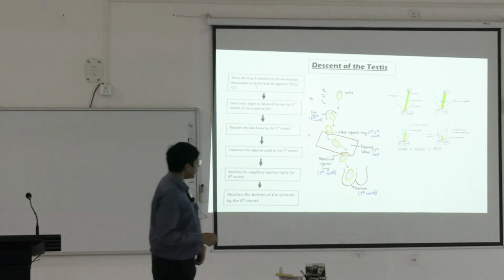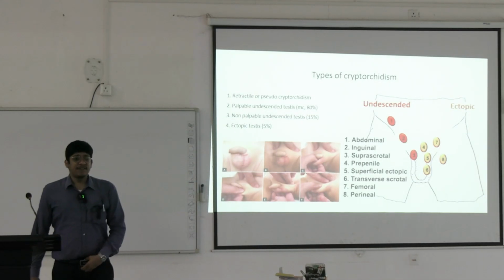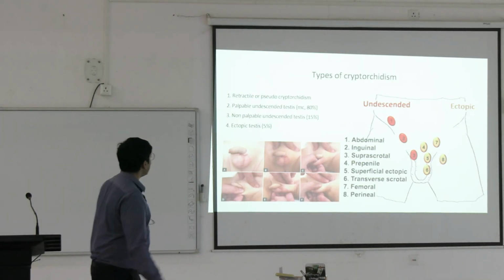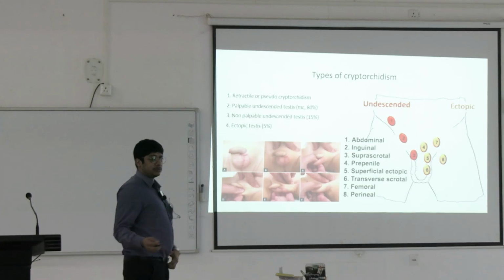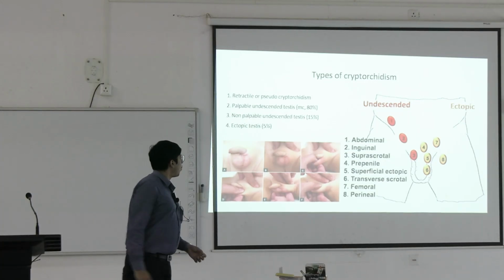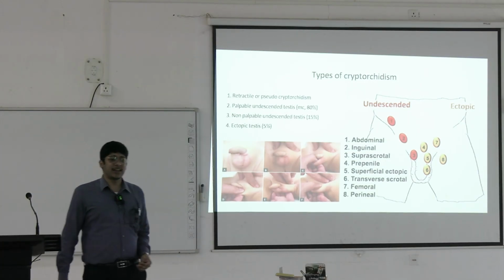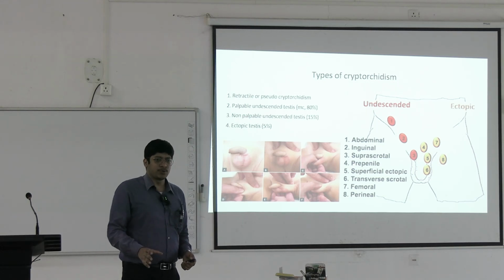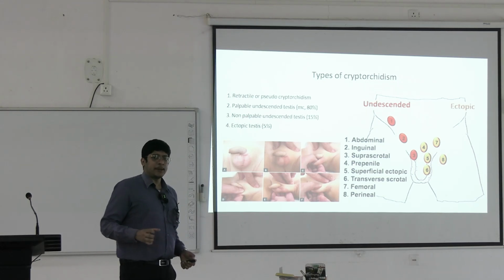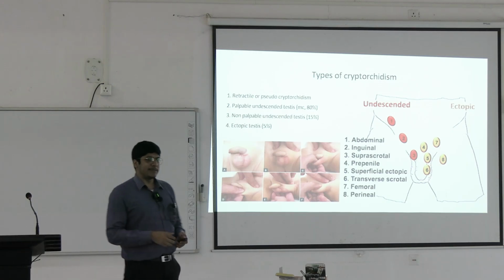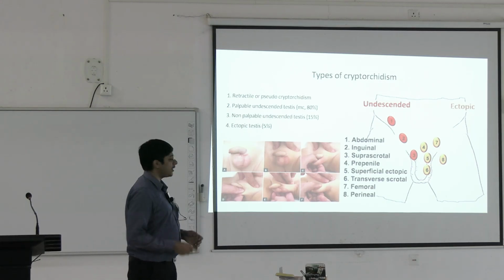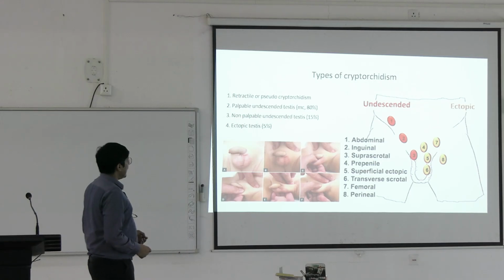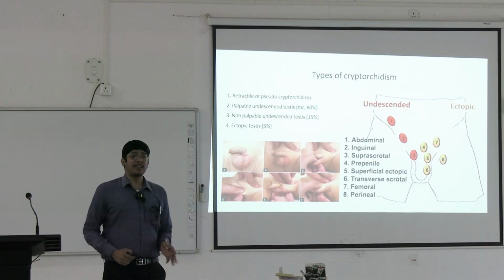Okay. So, now if the testis is absent in the scrotum, there can be multiple options. One is it can be a retractile testis, that the testis is there in the scrotum a few times, but due to a very heavy cremasteric reflex in that particular individual, the testis is often pulled up. It can be a palpable undescended testis.